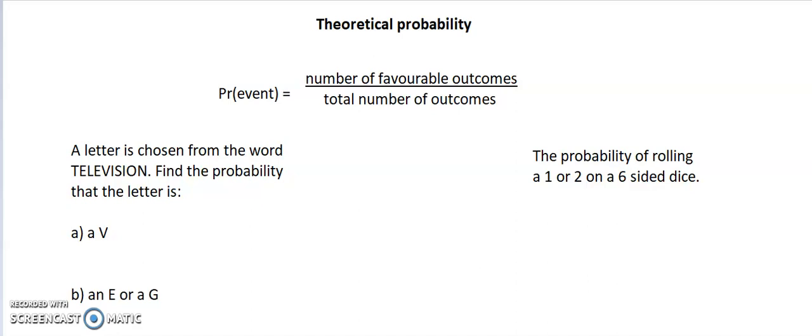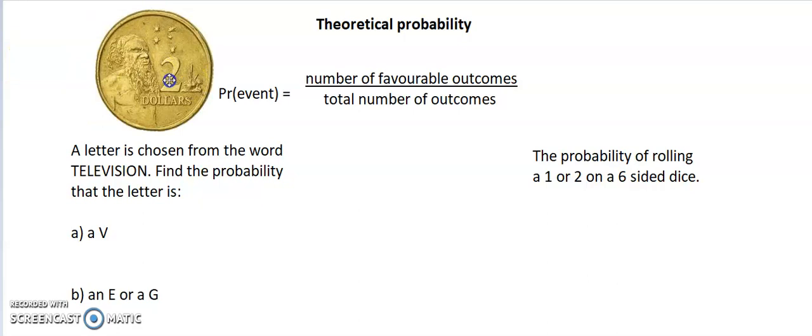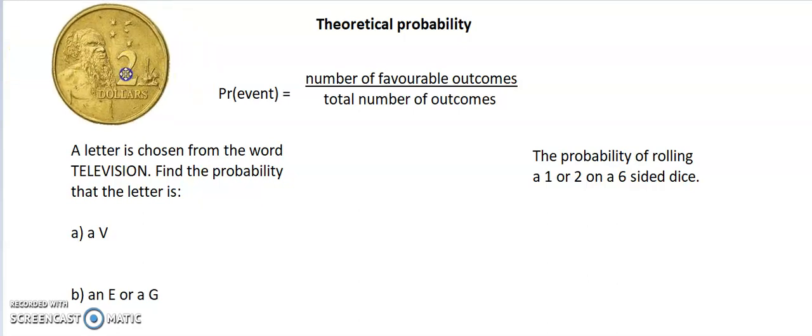And theoretical is probability. When we are thinking about probability, we are thinking about the likelihood of something happening. For example, if I've got a coin, we know the coin has two sides. So in theory, the probability of me getting tails is going to be, there's one side that is a favorable outcome.